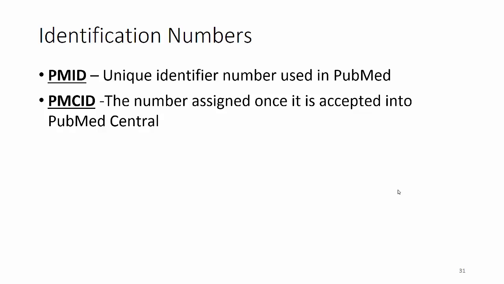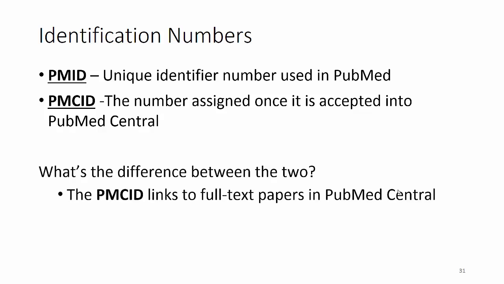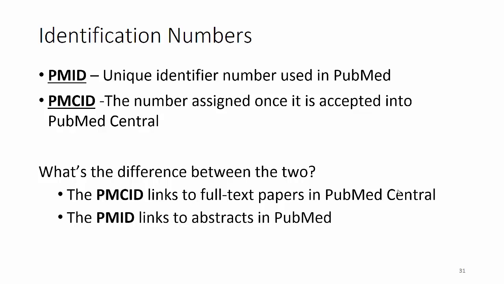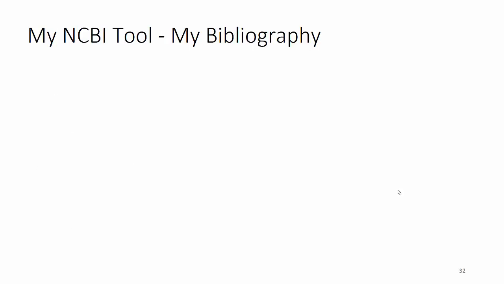A PMC ID number is what the goal of the NIH manuscript submission system is all about. You want that PMC ID number for the grants, and that number gets assigned once an item is accepted for display into PMC. So again, the PMC ID is your full text papers. The PMID links to the citation or the abstract in PubMed.